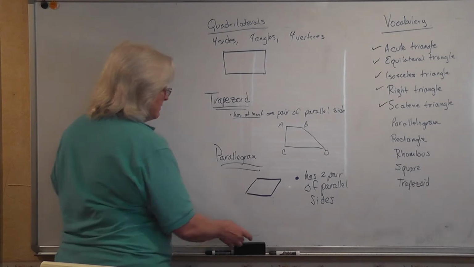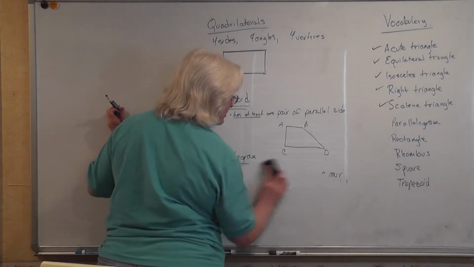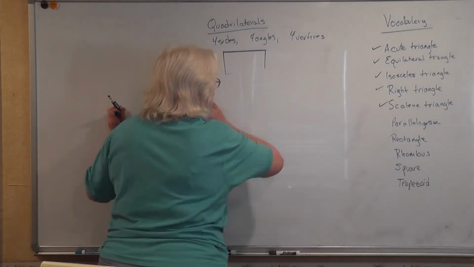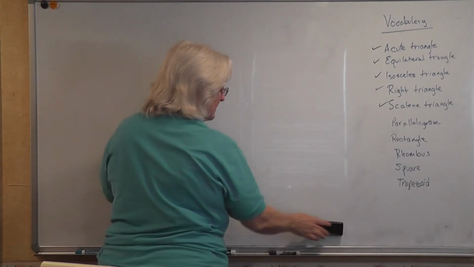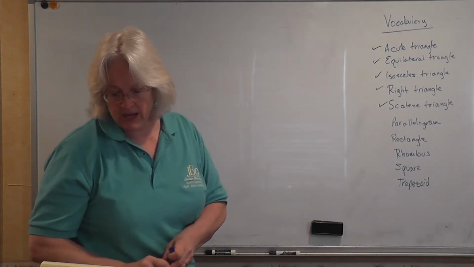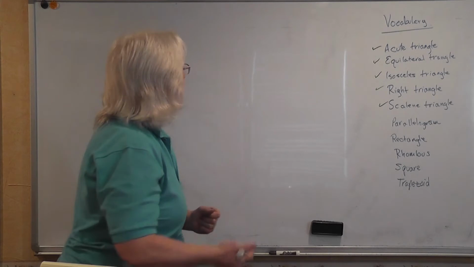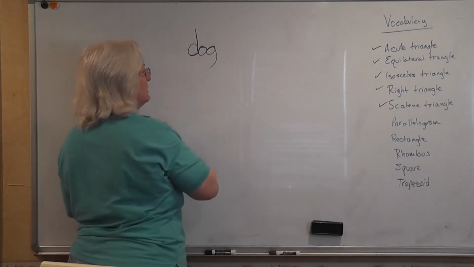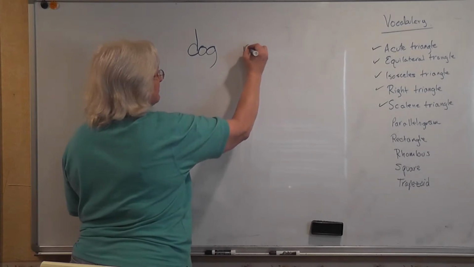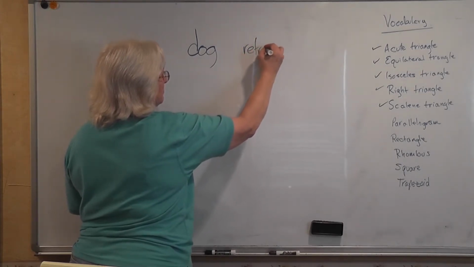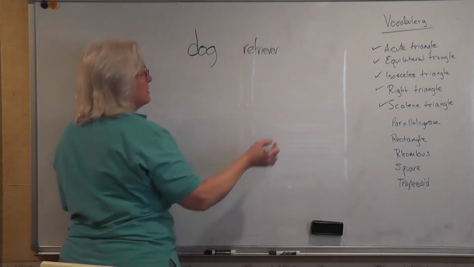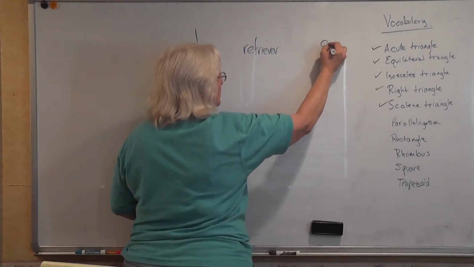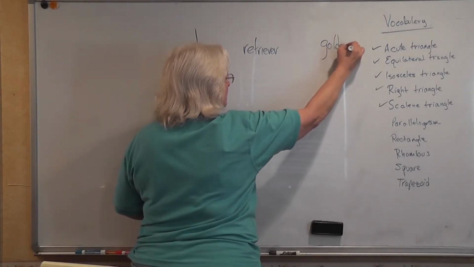Let me erase all of this and show you an example of what I'm talking about. Let's say that we have this dog. We could call it a dog. We could call it a retriever. We could call it a golden retriever.